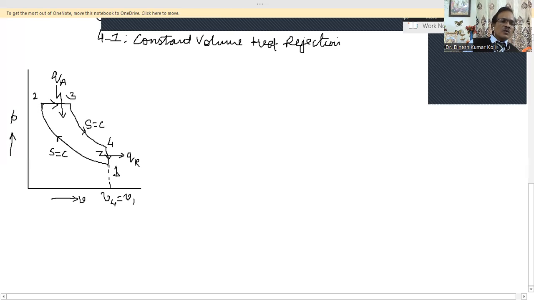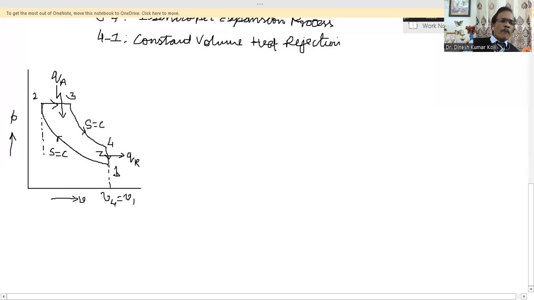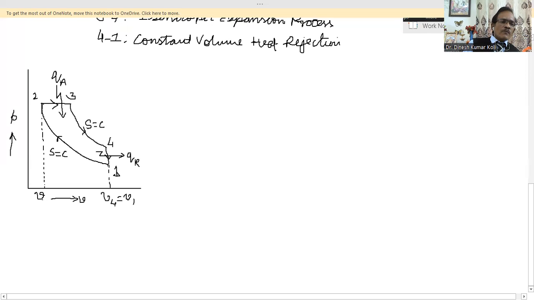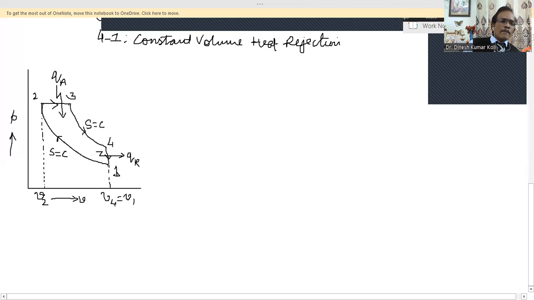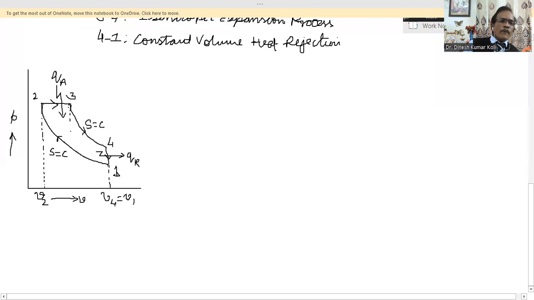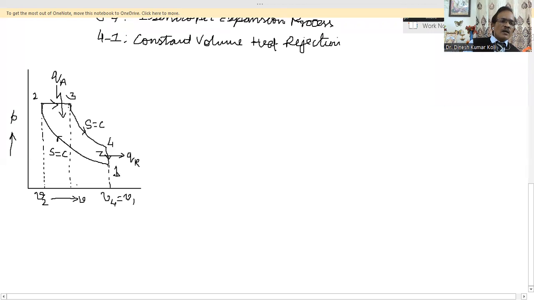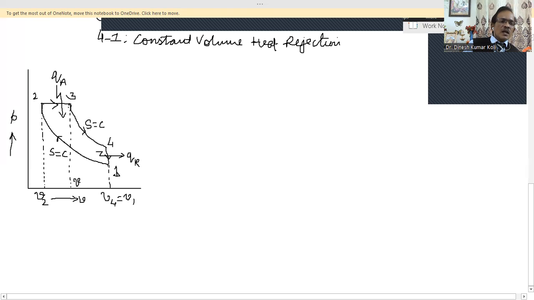The volume V2 is the point at which fuel injection starts, and this volume is V3.